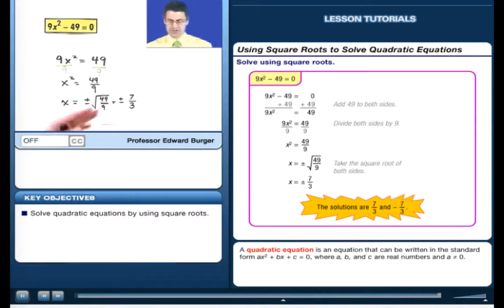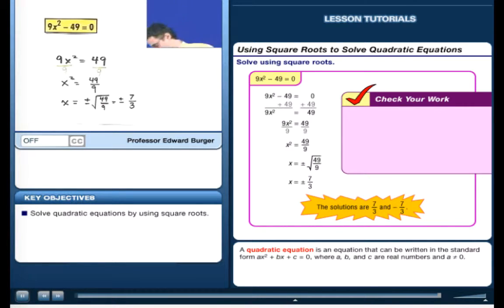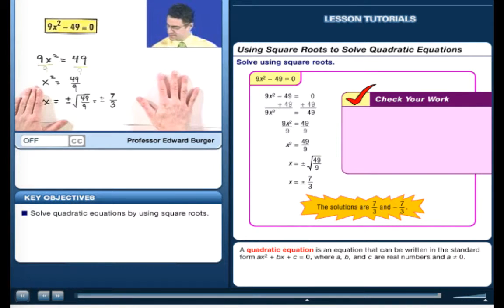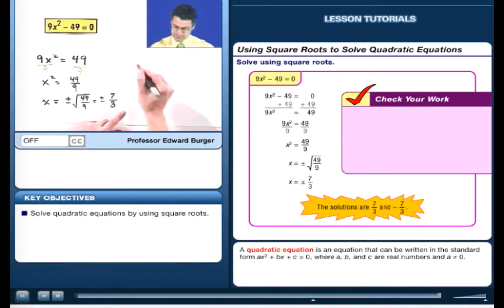And we can actually substitute back to check. Let's just do this really quickly to see that this seems okay. A little check is always a good thing to do. When I put in, let's try the negative 7/3. So 9 times negative 7/3 squared minus 49.